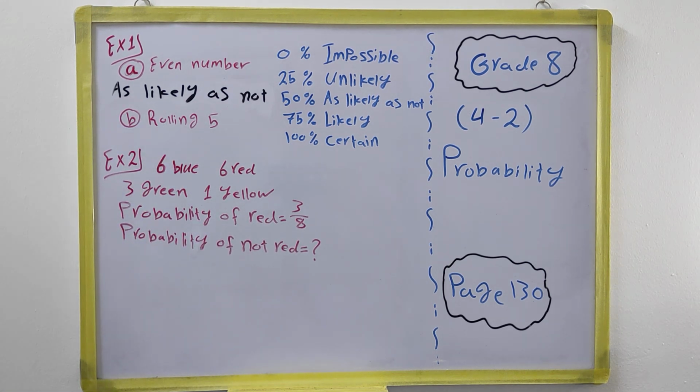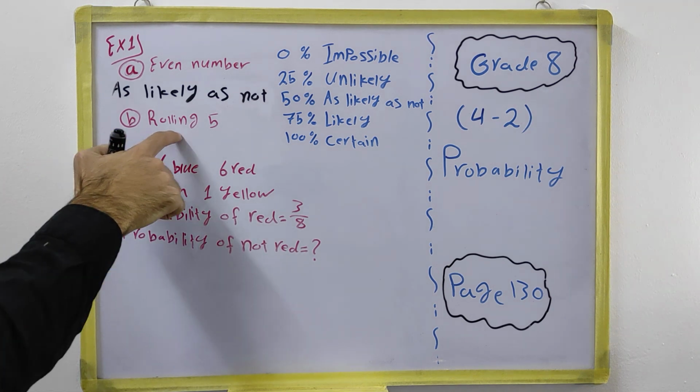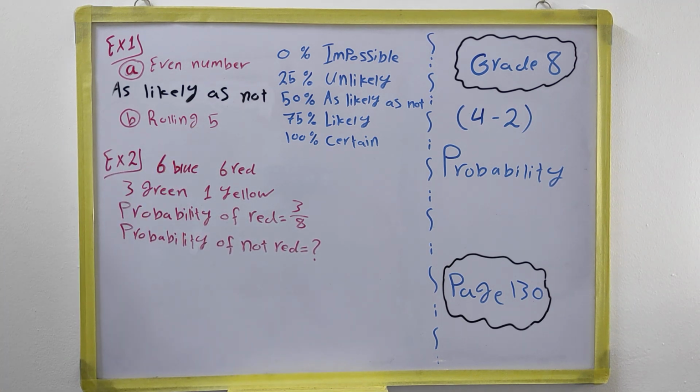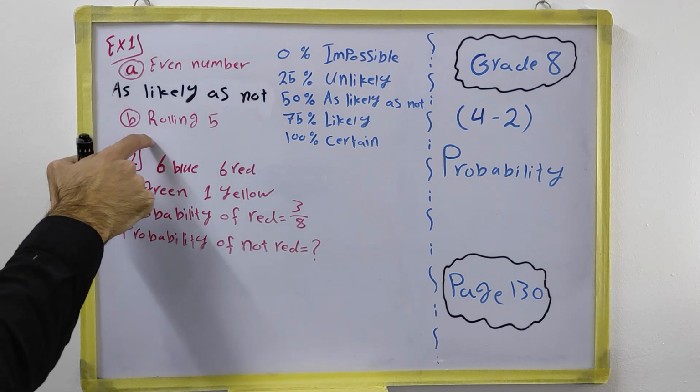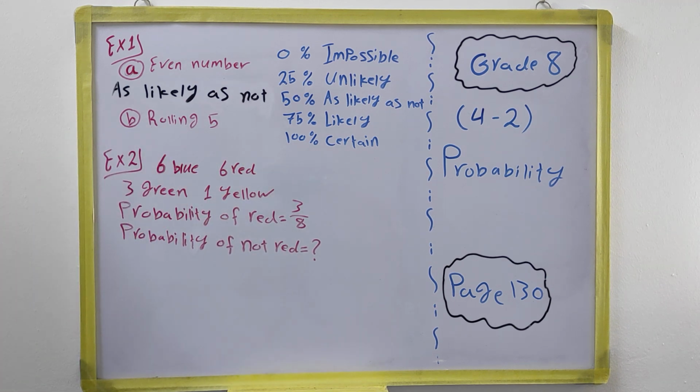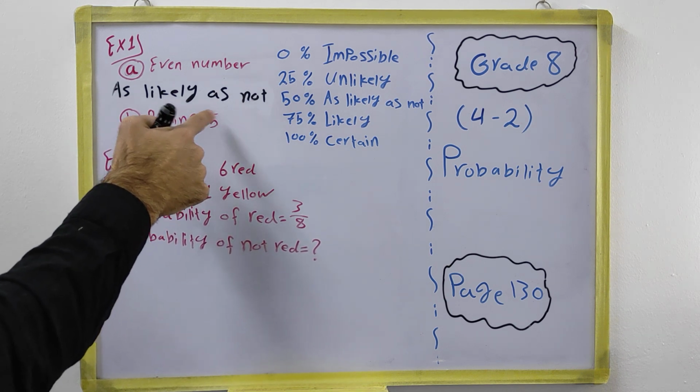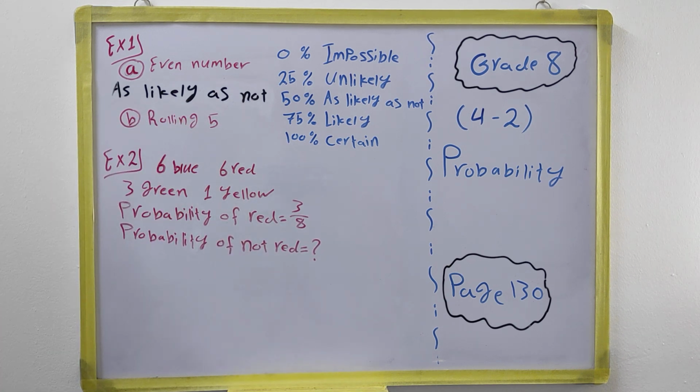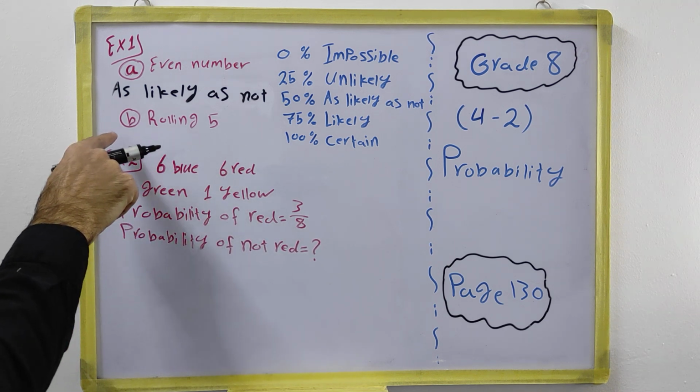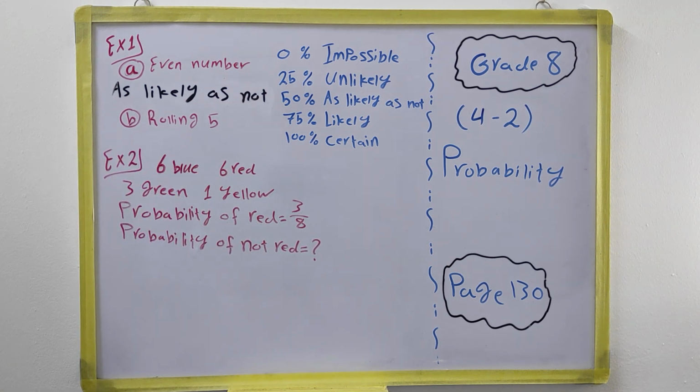In B, it asks you about rolling 5, getting 5 when you throw a number cube. We said in the number cube we have 1, 2, 3, 4, 5, 6. We have these 6 numbers. Only one of them is number 5. One possibility out of 6.